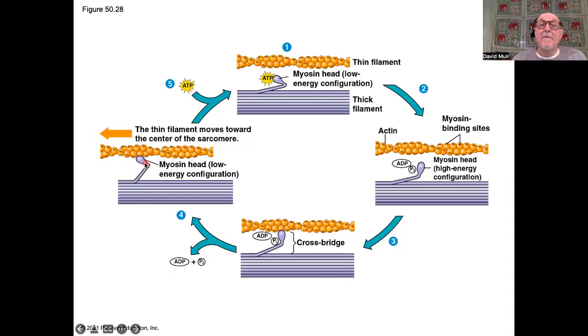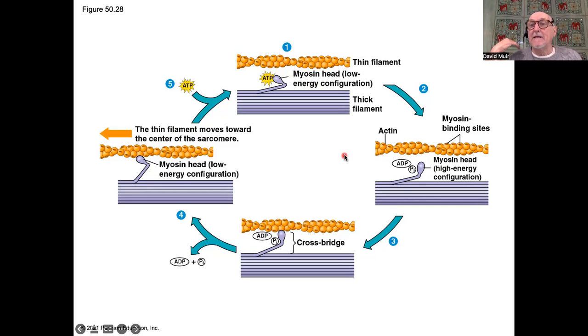Once that happens, it releases from the actin. And as soon as it releases from the actin, as long as action potentials are still arriving at the axon terminal on the muscle fiber, it will again bind ATP, flip back, and move the actin again.